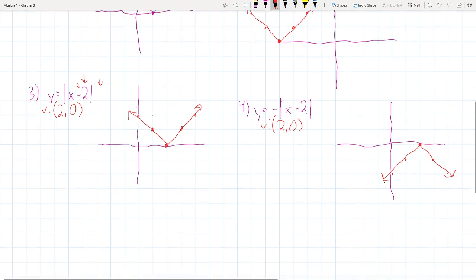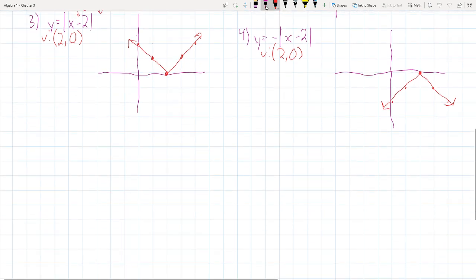Okay. Number 5. y equals negative the absolute value of x, minus 1. My vertex is 0, because there's nothing with that x, comma, negative 1.